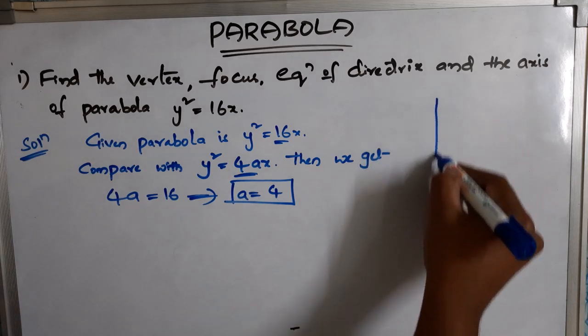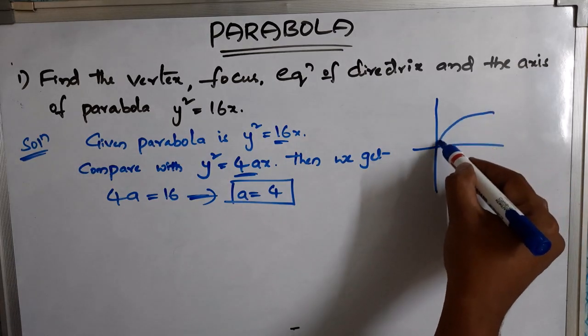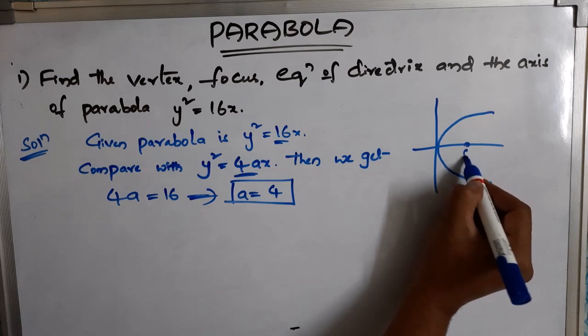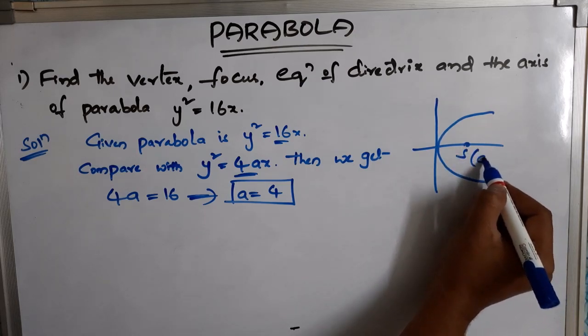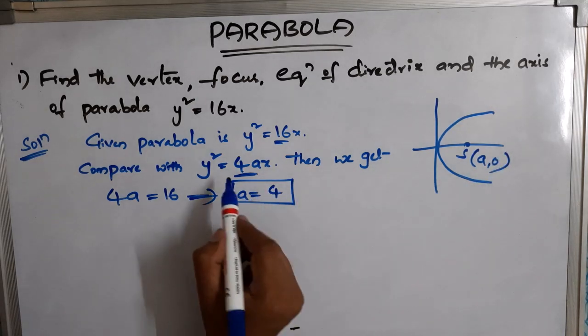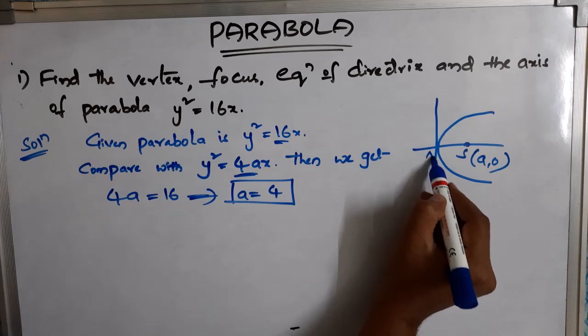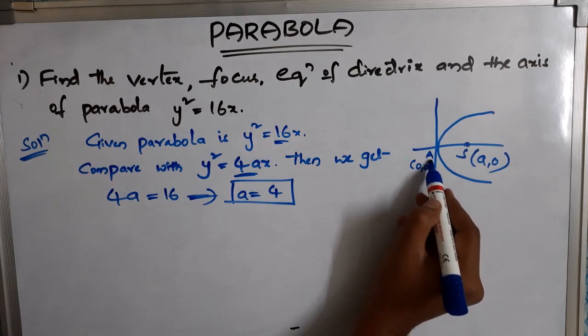So this is the parabola of y square is equals to 4ax, right? What we discussed in the second class: focus is a comma 0 in case of y square is equals to 4ax, and the vertex is the origin.